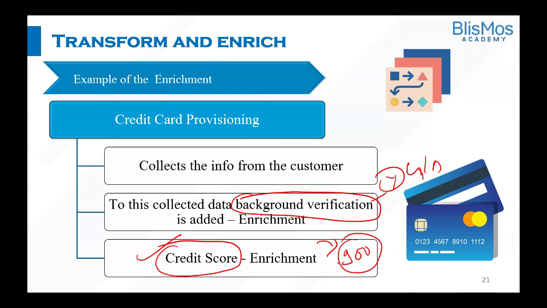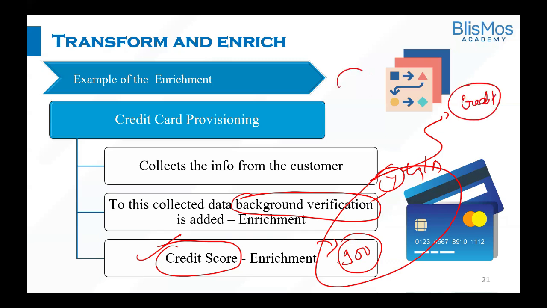These two data are also considered to give a credit card, along with the data which is already collected and transformed while collecting the data from you. So like this, there may be multiple occasions you may have to enrich the data to aid in decisions. This is one of the best examples for enrichment.